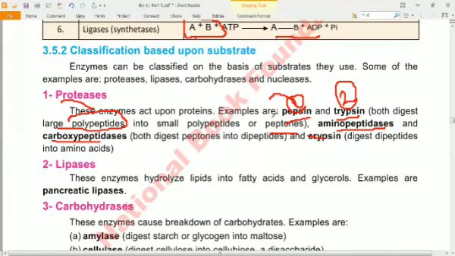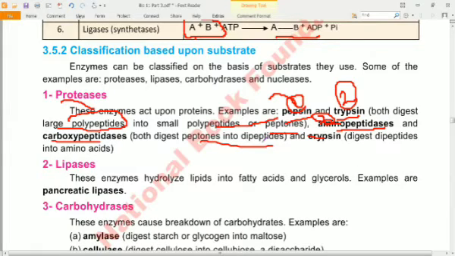These are intermediate products. Now these intermediate products are handed over to aminopeptidases. This is the third enzyme. Aminopeptidases and carboxypeptidases further break down these peptones and peptides into dipeptides, because these are still long chains.